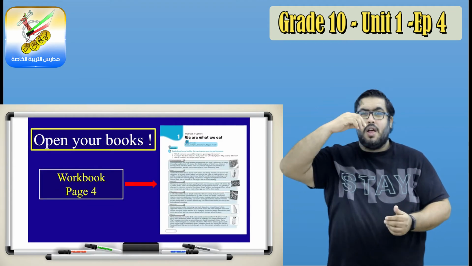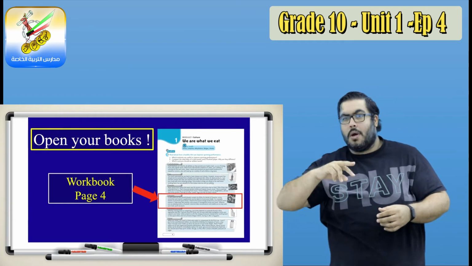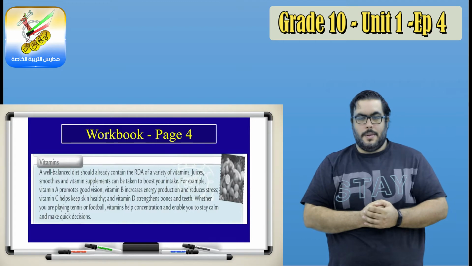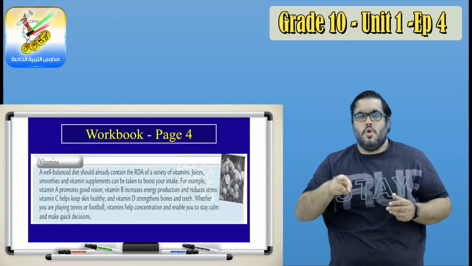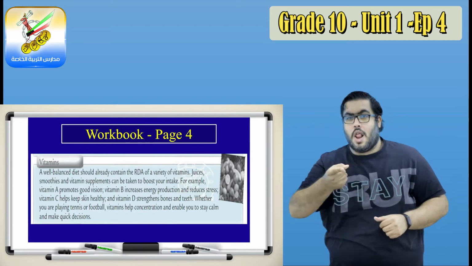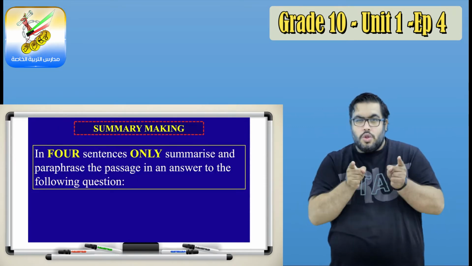So open your books to page 4 in the workbook, and let's look at this paragraph about vitamins. Take a few seconds to read it. Now, let's look at the summary.